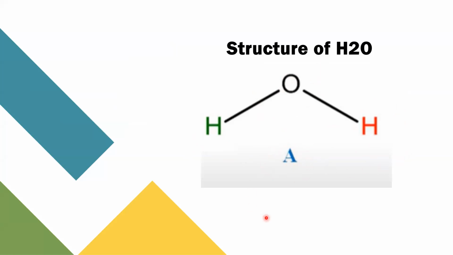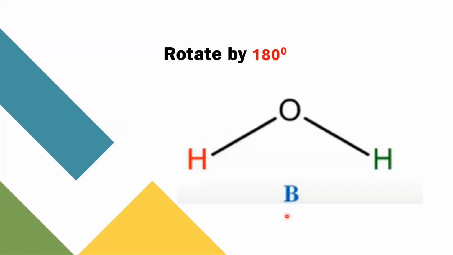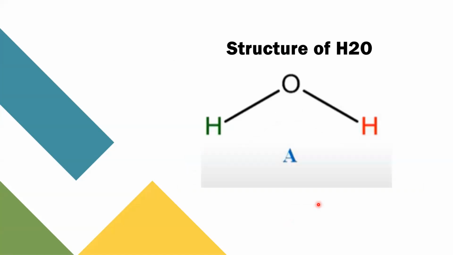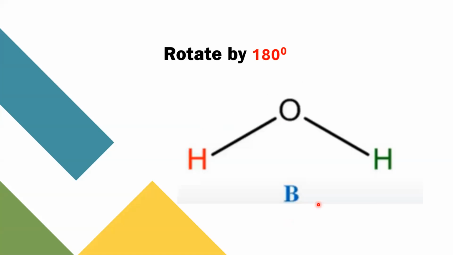And this is labeled as A. So, when you rotate this by 180, the two H's are on the other sides. Okay? We will consider the red hydrogen atom, which is very visible. The one on the right side turns to the left side.